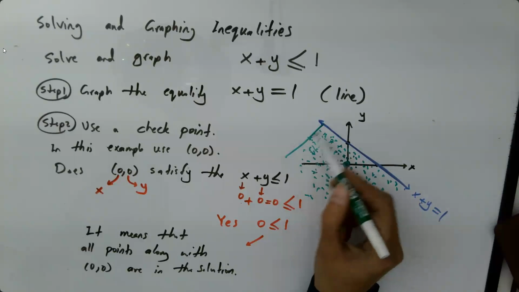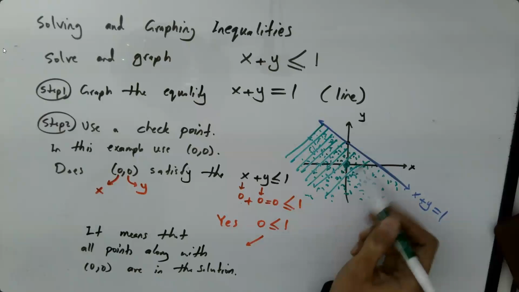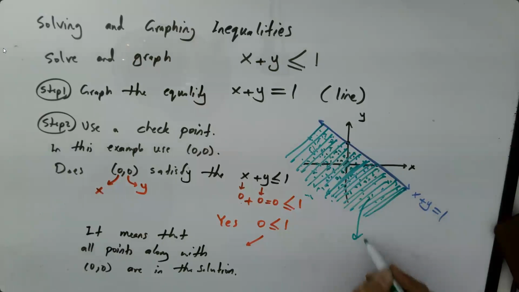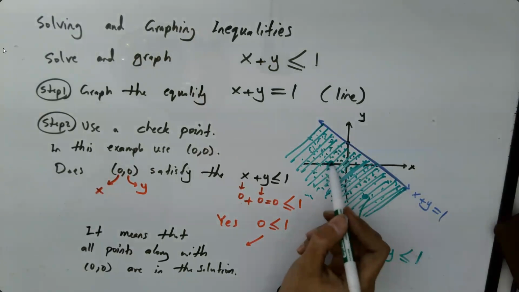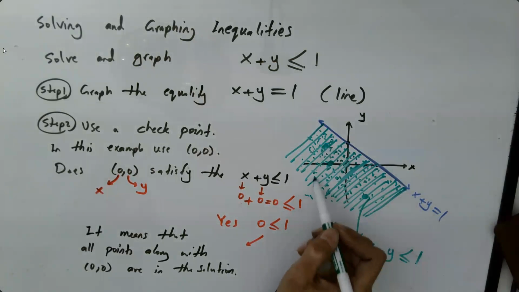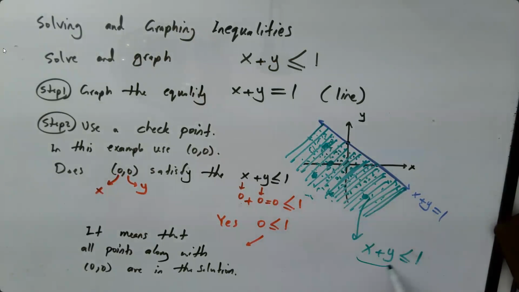They just shade this side as the solution, or they write x plus y is less than or equal to 1. It means that if I take any random x and y, add them together, this number is less than or equal to 1. You won't believe me? Just pick any random point. What is the y? What is the x? Add them together. It is always less than or equal to 1.